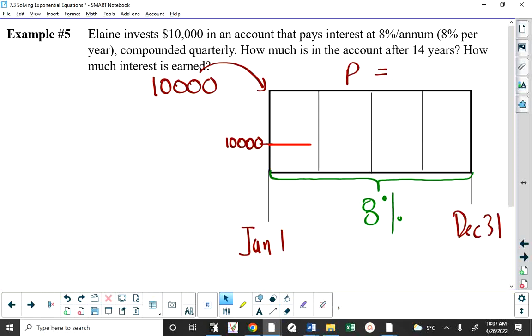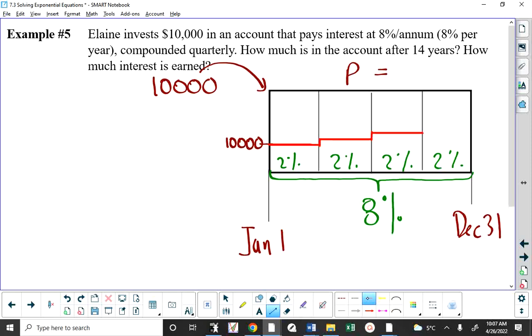And what that means is she's going to get 2% here, 2% here, 2% here, and 2% here. Which means that she will maintain $10,000 until the end of the first quarter, and then it goes up a bit. It will go up a bit here. This is not to scale. It will go up a bit here. And that's how the interest is going to be calculated.